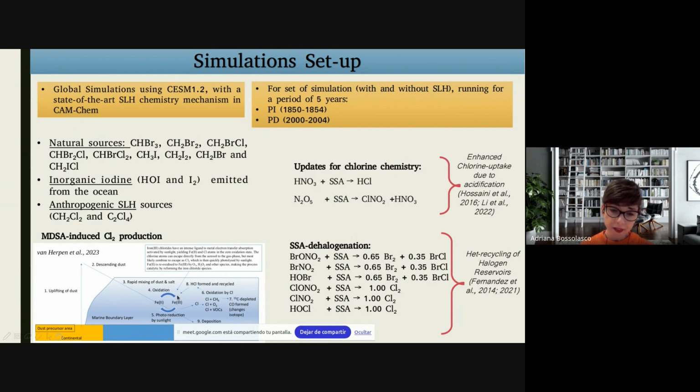Then the iron goes through oxidation and transformation, and this activated iron reacts with the chlorine from sea salt. When sunlight reaches this particle, it triggers a reaction that can liberate chlorine atoms, and then these chlorine atoms can react with other atmospheric gases.